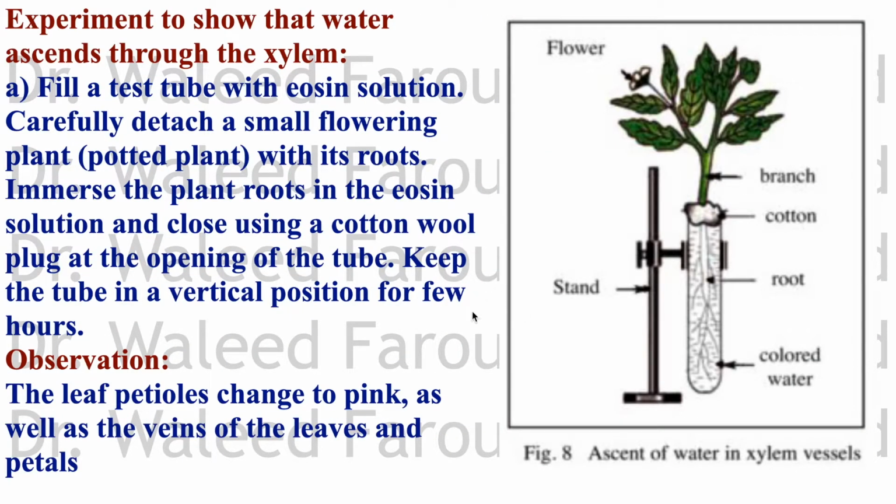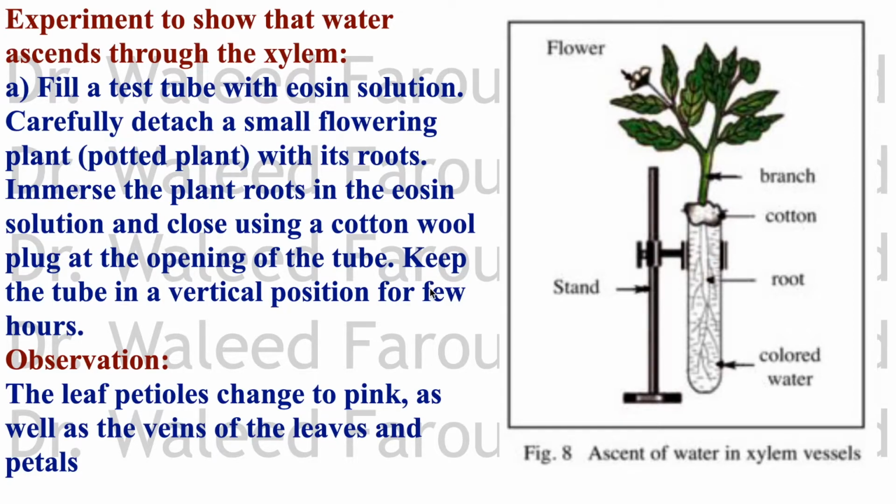An experiment to show that water ascends through the xylem: take a test tube, fill it with eosine, and bring a plant with roots and leaves and put it inside the tube, cover it with cotton, wait for hours and observe what happens.